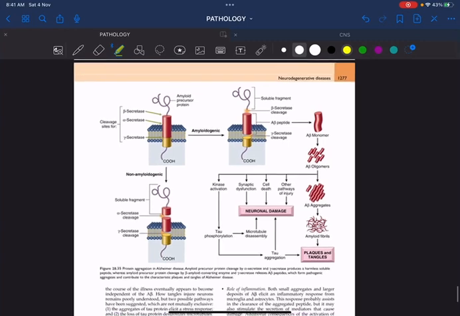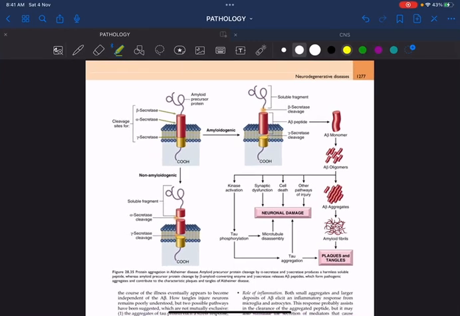You can see this pathway. This is the picture you have to remember in case of the pathogenesis. We have two pathways: the amyloidogenic pathway and the non-amyloidogenic pathway. What do you mean by amyloidogenic pathway? We have the amyloid precursor protein, which will be acted on by three enzyme complexes: alpha, beta, and gamma secretase.